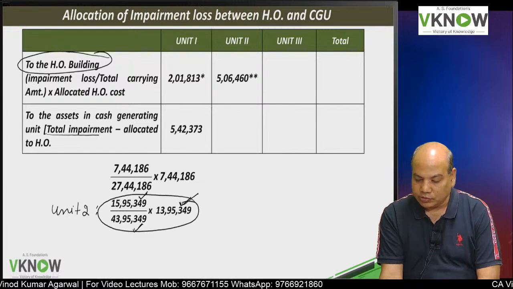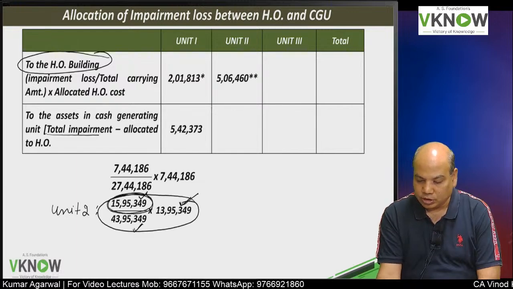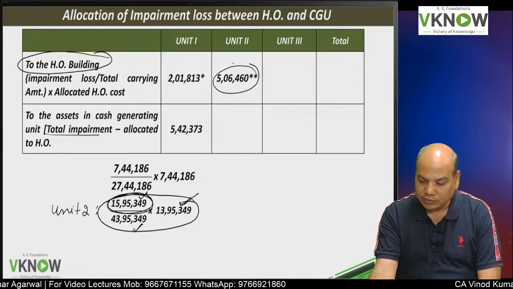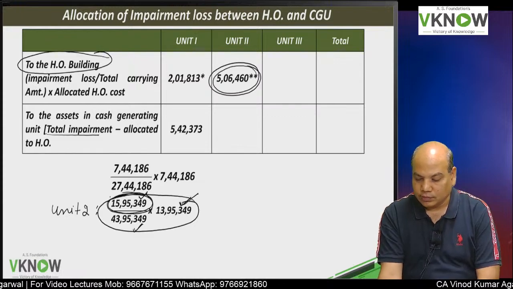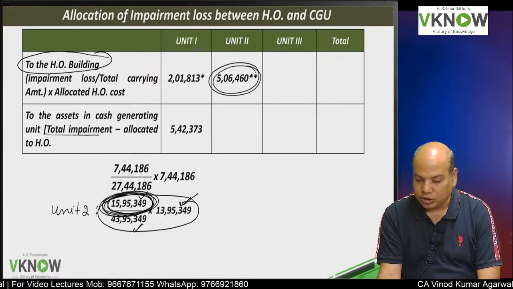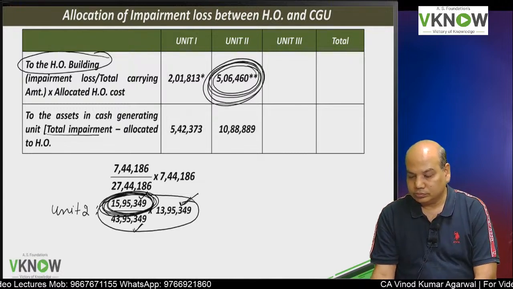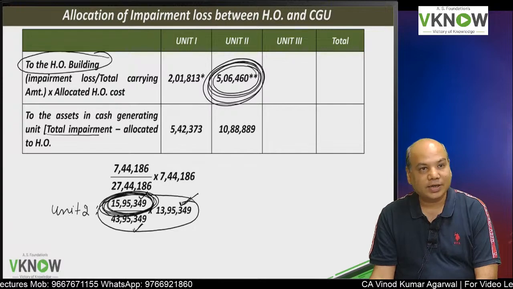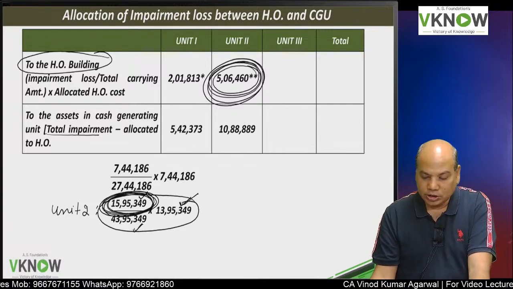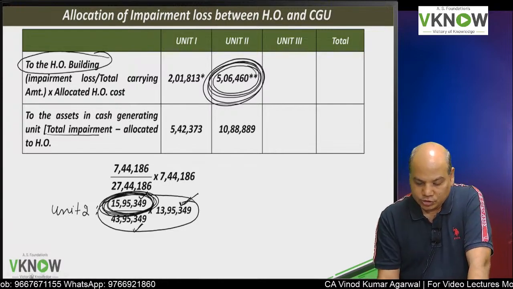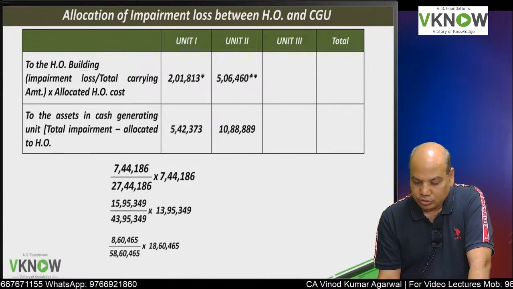Total impairment loss is 15,95,349 minus 5,06,460, which is 10,88,889, and this will be allocated to the assets of the CGU. Okay, now write Unit 3 here.